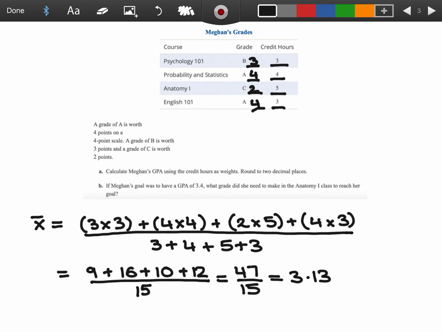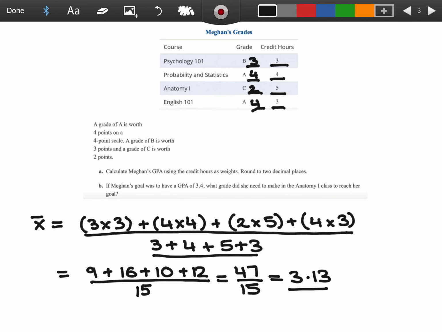Then I add all of those together, and I divide by the sum of the weights, the sum of the credit hours. She took 15 credit hours in total. When you work this out, you end up with 3.13 as her GPA from this semester.